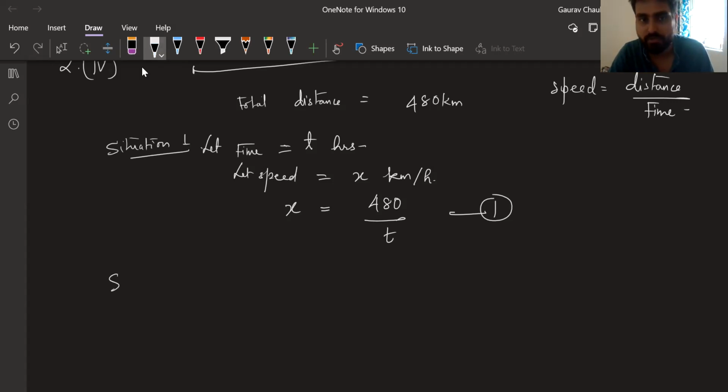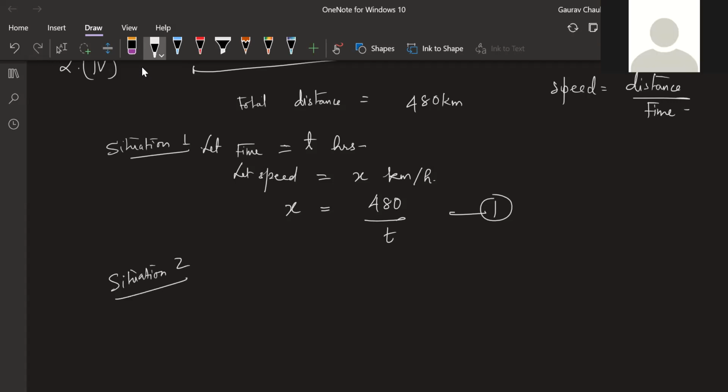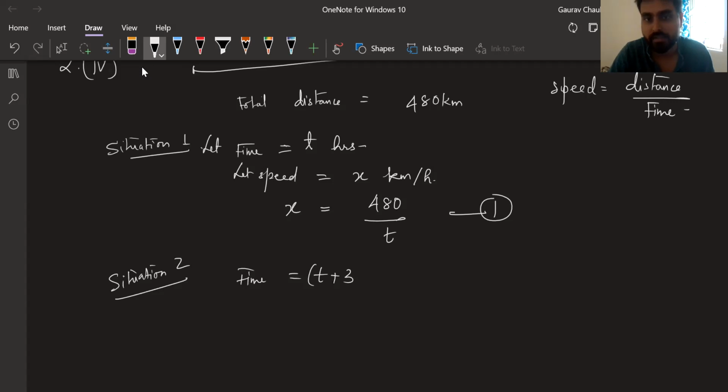Okay, let's do situation two. First, let's write situation two. Sir, in situation two, distance is the same. They are saying that it'll take 3 hours more, so I put t plus 3. Perfect, t plus 3 hours. And speed is then how much?